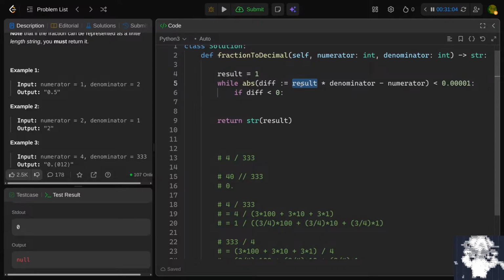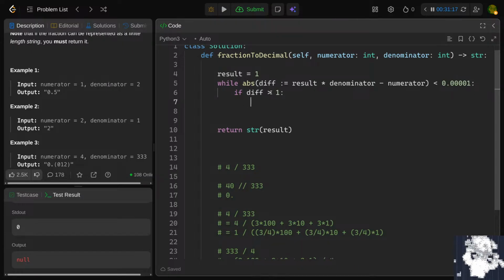So result times denominator will be bigger than numerator. So if this is positive, then my answer is too big. So result needs to shrink.